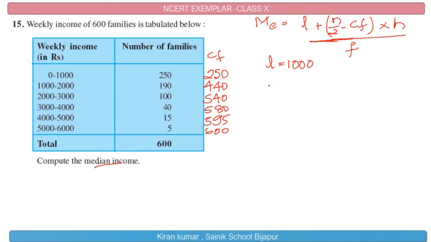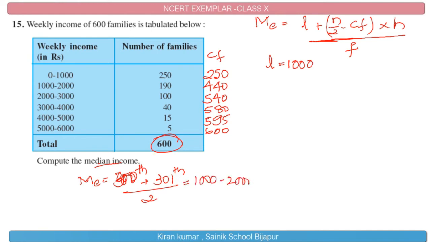Because we need to take 600, and 600 is an even number of observations, so the median will be the mean of the 300th and 301st observations. That comes out to be in the range 1000 to 2000.